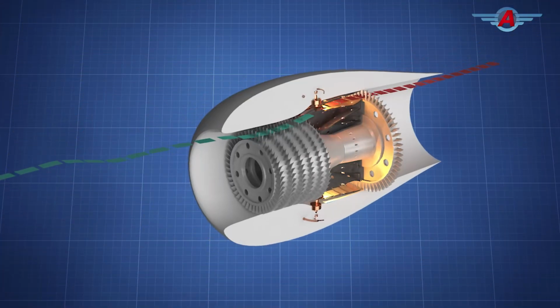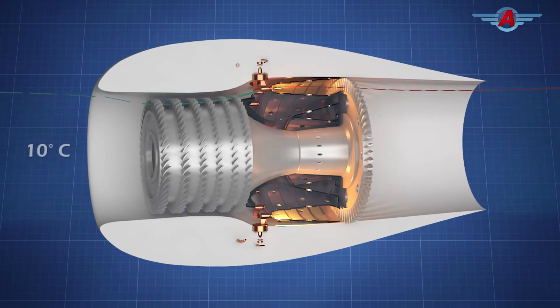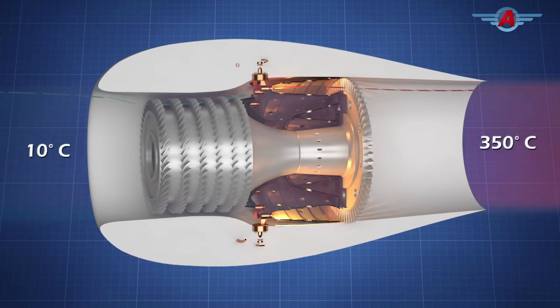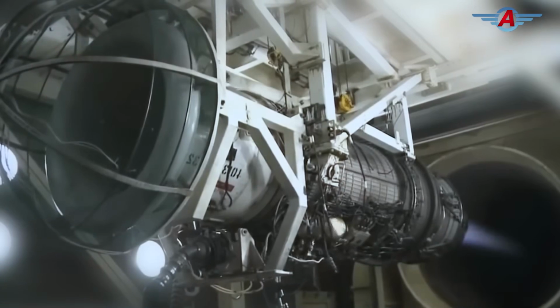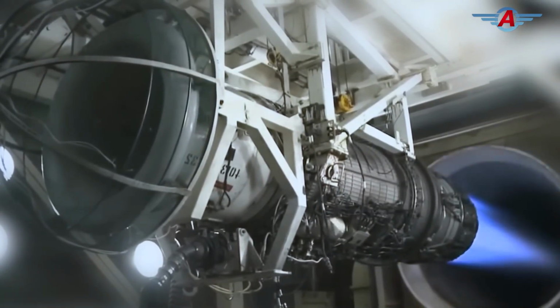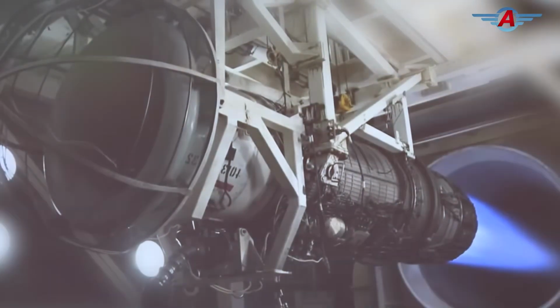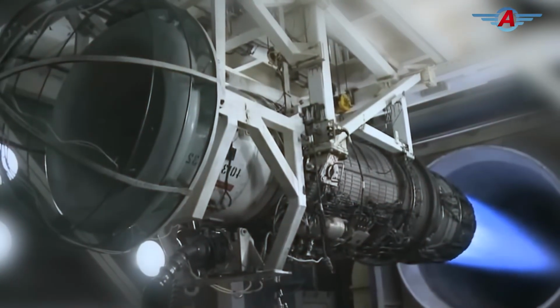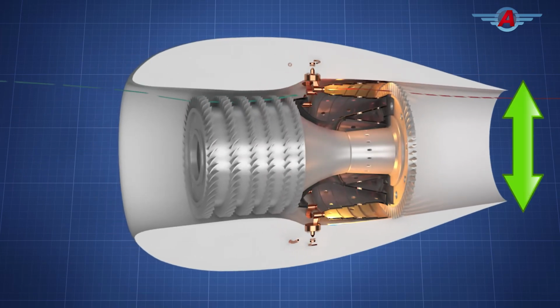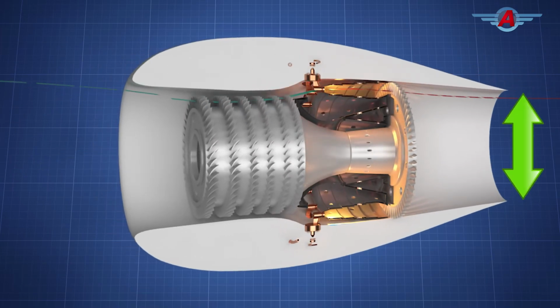Through these steps, we achieve hot air that exits at high speed through the engine nozzle. The engine outlet is usually narrower, and this results in an even higher exhaust exit speed.